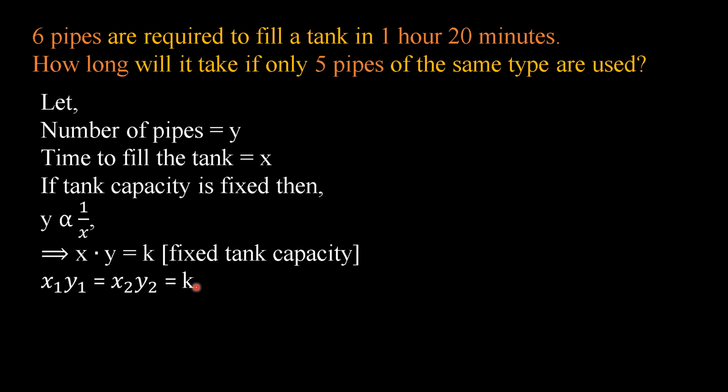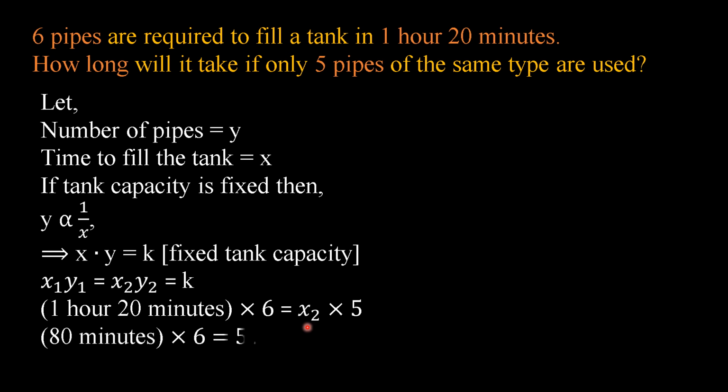We will substitute the values. We have 1 hour 20 minutes for x1, the time, 6 number of pipes equals x2 multiplied by 5 number of pipes. So we have to find the time taken, that is x2. 1 hour is 60 minutes, 60 plus 20 becomes 80 minutes, multiplied by 6 equals 5x2.